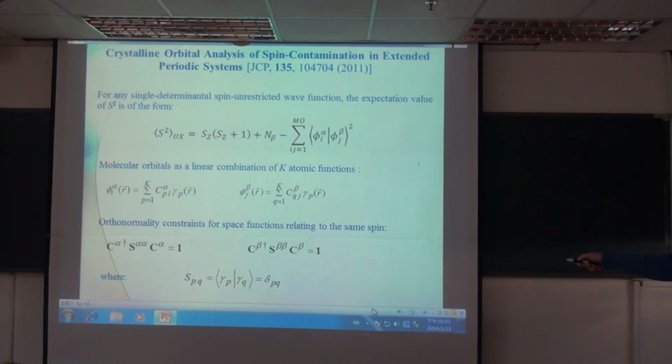And then, as always, we expand these molecular orbitals as linear combinations of K atomic functions under the constraints of orthogonality for spin functions that relate to the same spin. And thus here we use this notation for the overlap matrix elements, and since we have orthogonality, this must be equal to delta PQ.